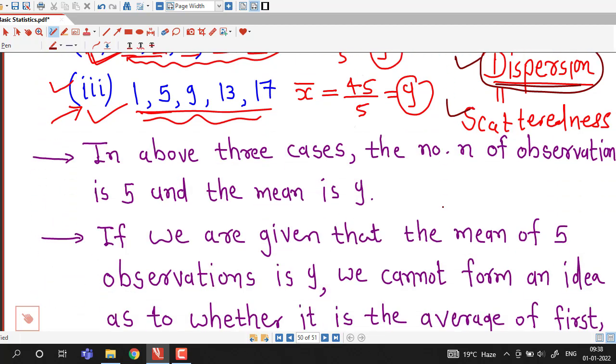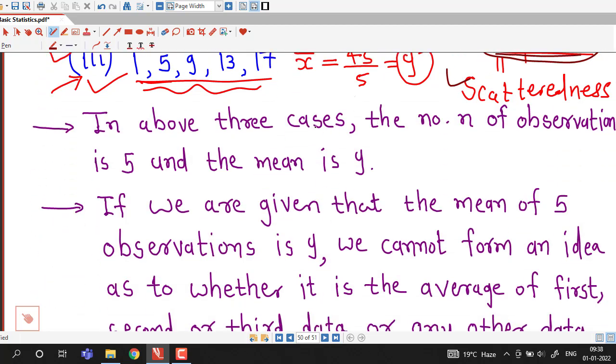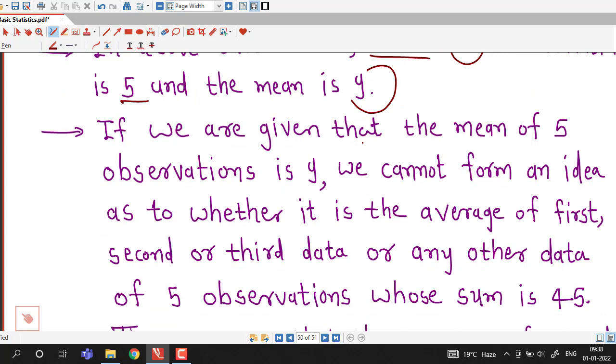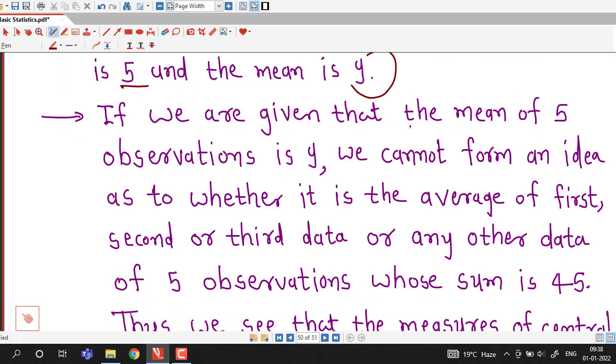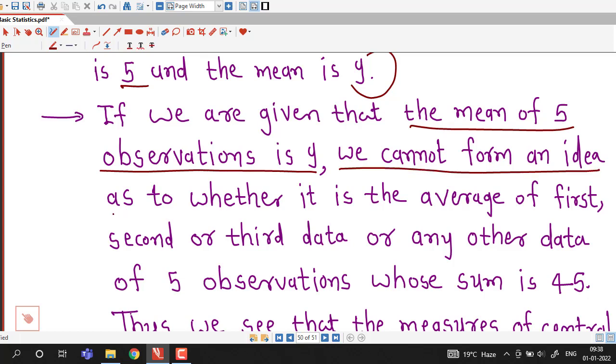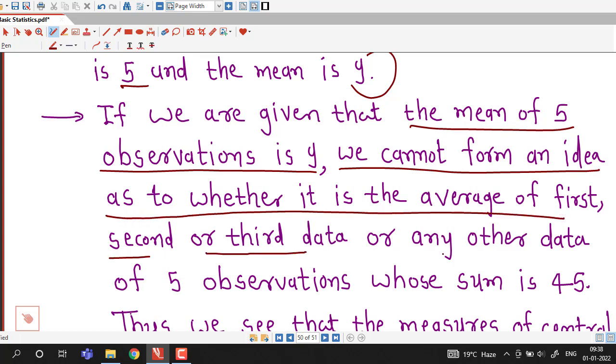I have written all these things here in the above 3 cases. The number n of observations is 5 and the mean is 9. If we are given that the mean of 5 observations is 9, we cannot form an idea as to whether it is the average of the first, second or third data or any other data.